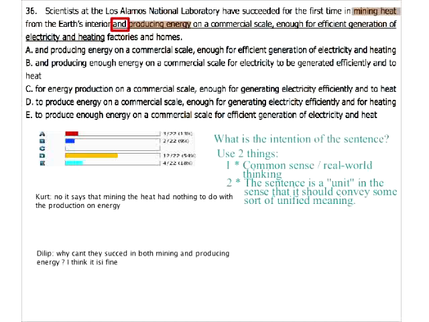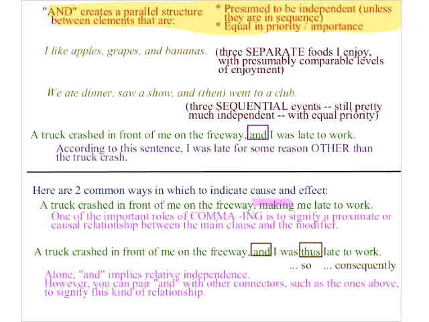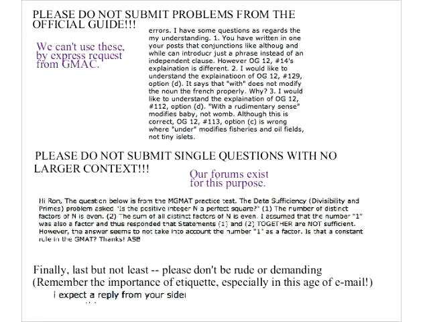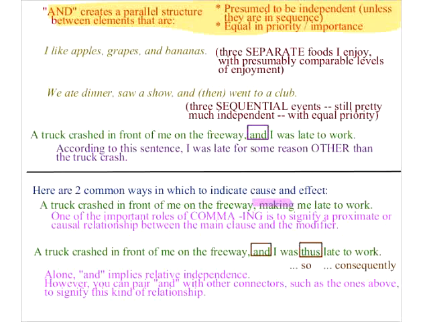It's kind of like if somebody wrote to you in an email, "A truck crashed in front of me on the freeway and I was late to work." The word "and" would imply that these were independent, but you would read the email and say, clearly that's not what the person means.